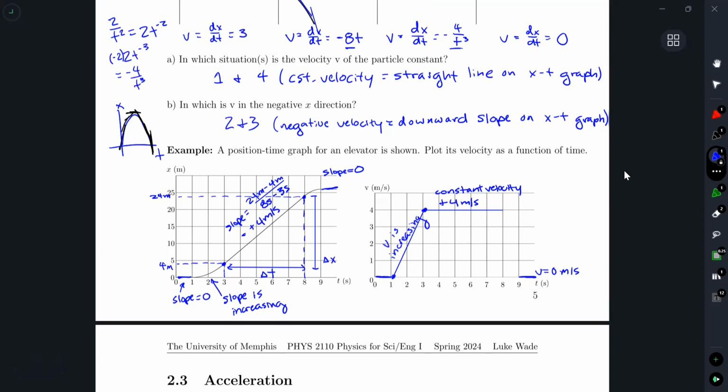Okay, and last, tell me about what the slope is doing from 8 to 9 seconds. It's flattening out to a constant rate, so it's going down. Yeah, so getting less and less steep.